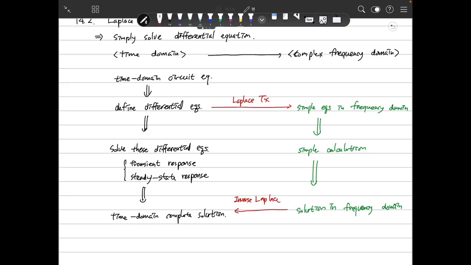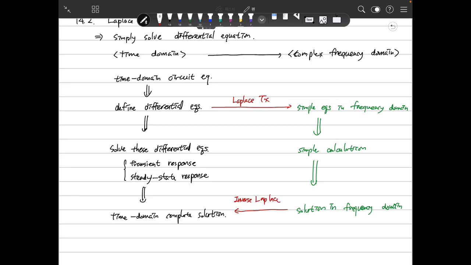Actually, it looks a little bit complicated because we have to transform with Laplace and then do simple calculations, and after that we inverse Laplace to get the time domain solutions. It looks kind of complicated, but because of Laplace, we don't need to solve the differential equation. We just use simple calculations to get the solutions.